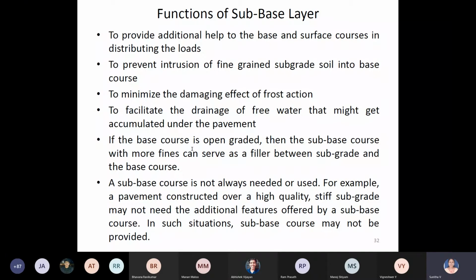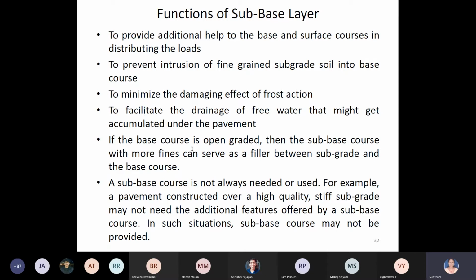So voids will be less in closed graded. This applies to any mix, not only base course. So if the base course is open graded, then the subbase course with more fines can serve as a filler between the subgrade and the base course.